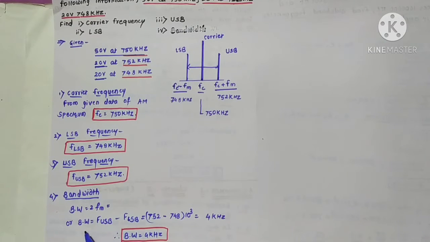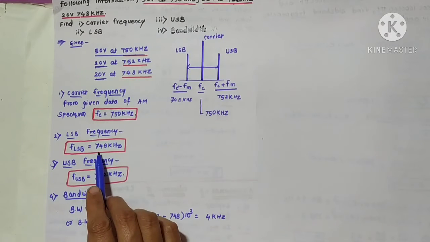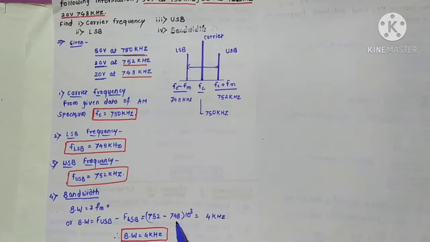So the formula is bandwidth equals F USB minus F LSB, and we know that the upper sideband frequency is 752 kilohertz and the lower sideband frequency is 748 kilohertz. By subtracting the lower sideband frequency from the upper sideband frequency, we get the bandwidth, and this is 4 kilohertz. So the bandwidth of the spectrum is 4 kilohertz.